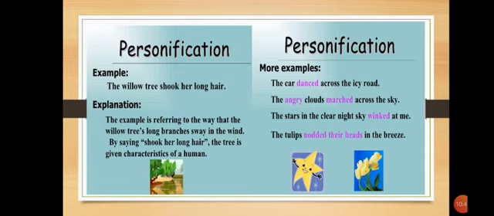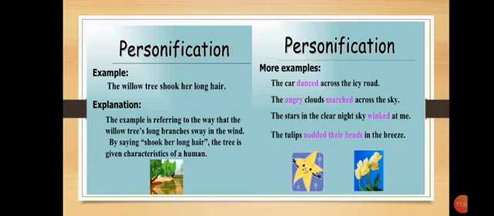Let us see this example. The willow tree shook her long hair. Willow trees do not have hair. Those are normal trees with normal leaves, right? So here we have compared them to a woman or a girl who is shaking her long hair. The car danced across the icy road, right? Cars cannot dance.